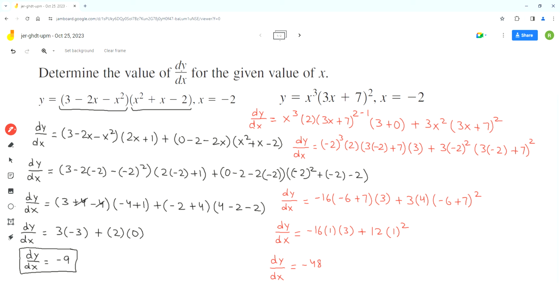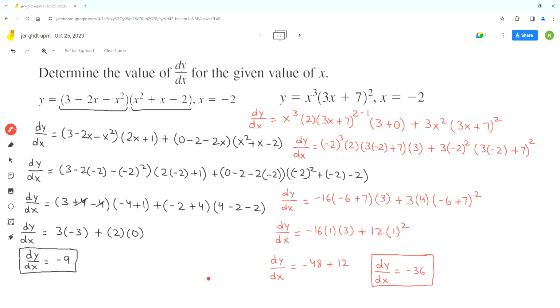And then 12 times 1 squared will just be 12. So now in the next step, we can combine these numbers. So dy over dx is equal to negative 36. So this should be the final answer for dy over dx for this function at x equals negative 2.